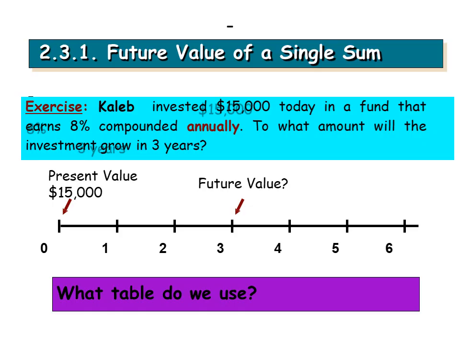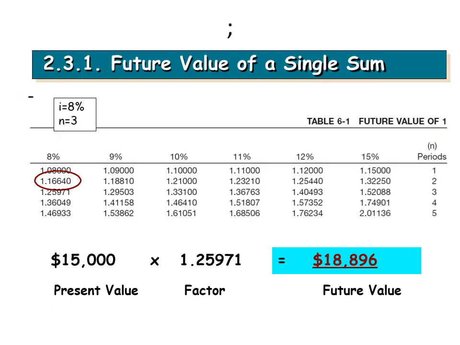How can we get the future value? We can get it by such methods individually, but we can directly get it by using the future value formula. Future value is equal to present value in the bracket, future value factor, or 1 plus r to the power of n.